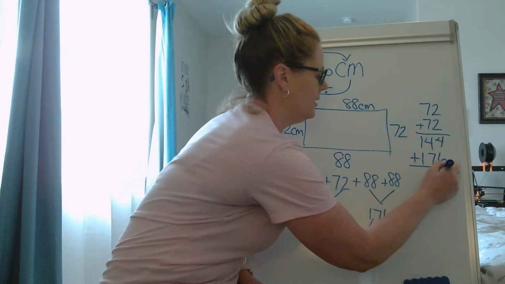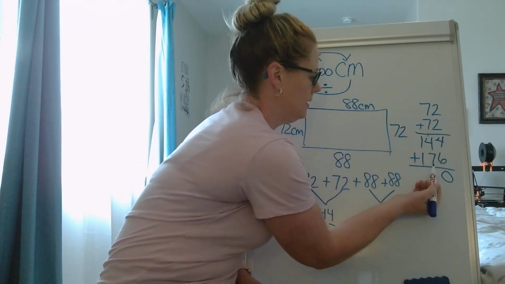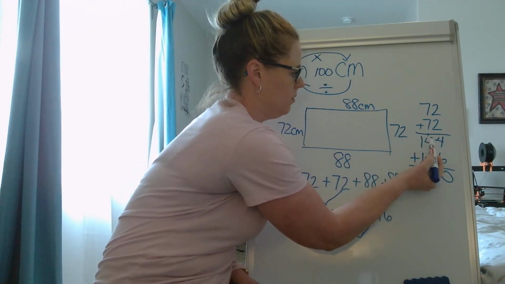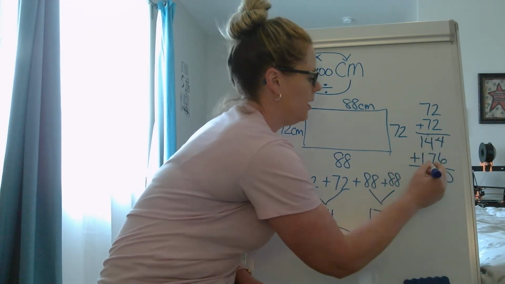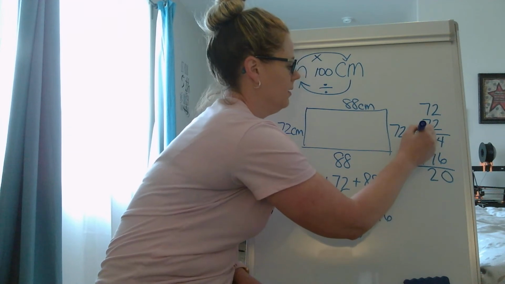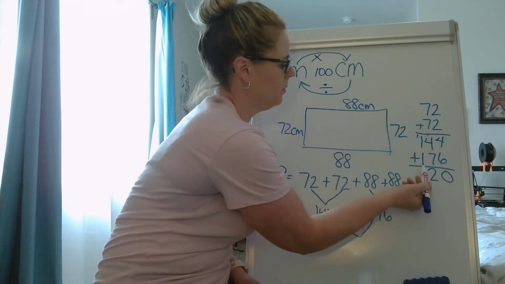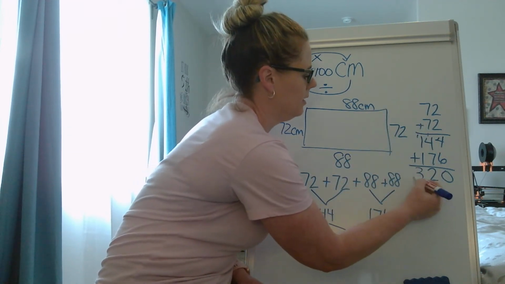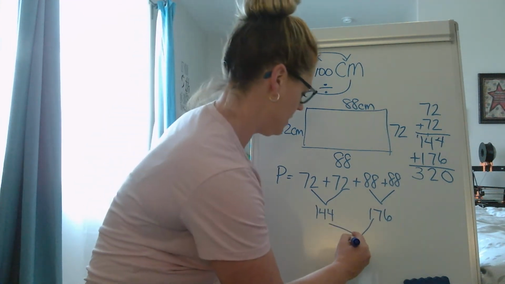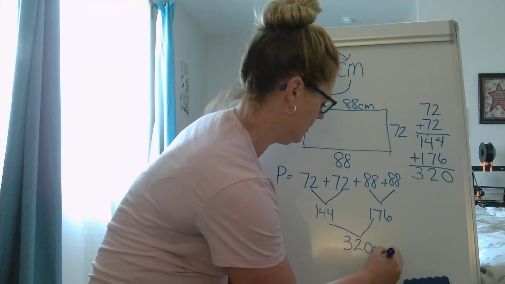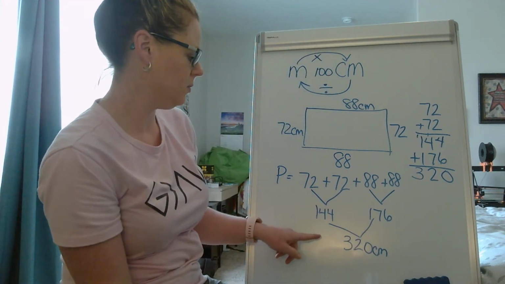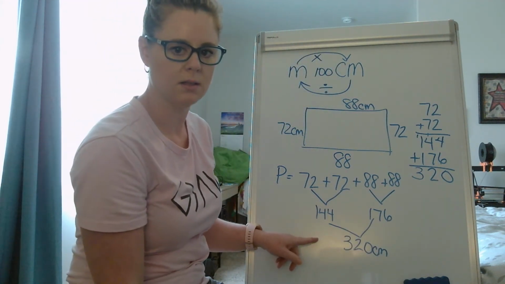6 plus 4 is 10. 7 plus 4 is 11. 12. Carry the 1. 2, 3. So our perimeter is 320 centimeters. Okay, 320 centimeters. Sorry, that's a little crooked.